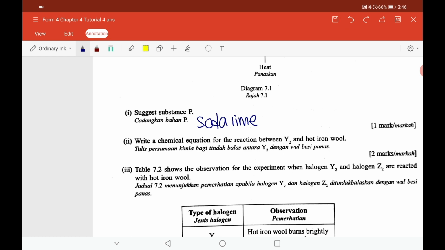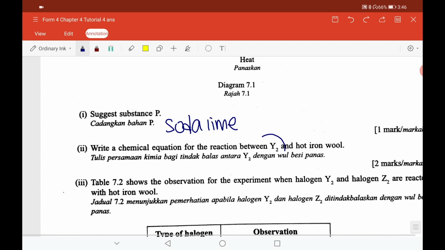So how to write the equation? Always remember, if you have a halogen and you want to predict the chemical equation, it's advisable to use chlorine to predict the equation.